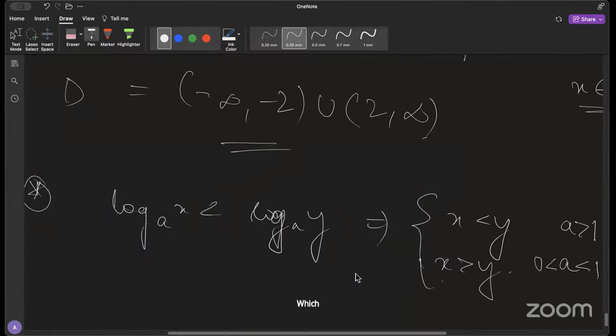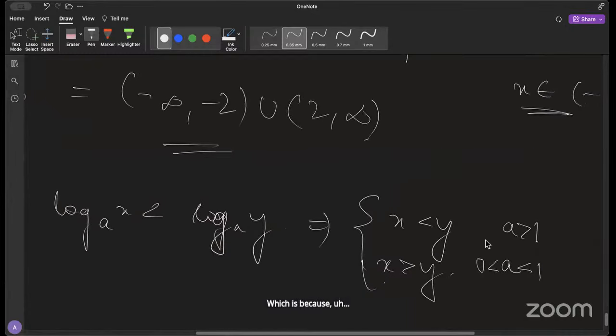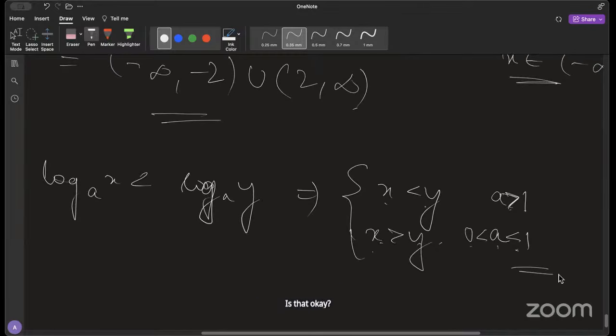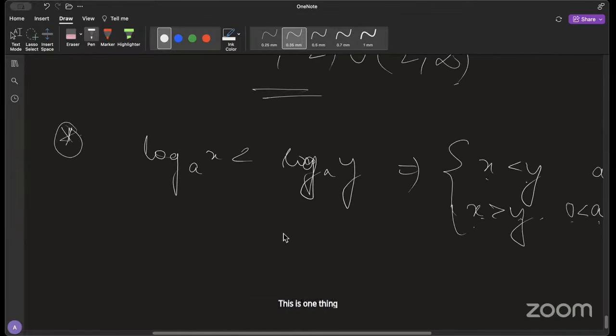This is because for a greater than 1, log is an increasing function, right? So if x is less than y, log of x will be less than log of y. And for a between 0 and 1, log is a decreasing function. So if x is greater than y, log base a of x will be less than log base a of y. Is that okay? This is one thing that you should know.